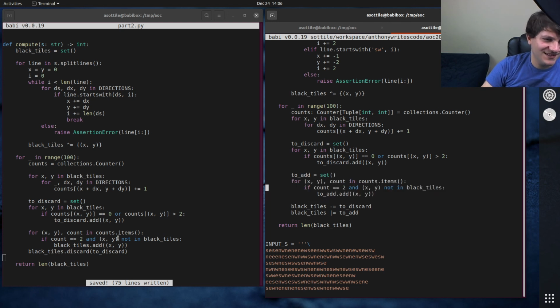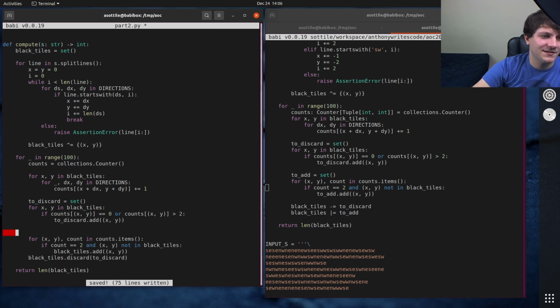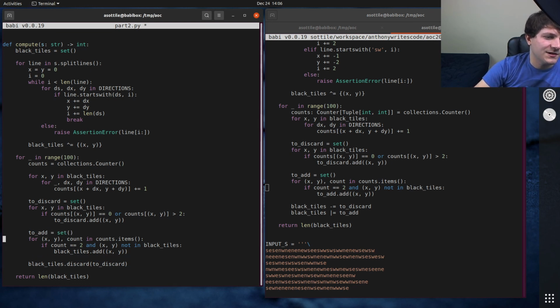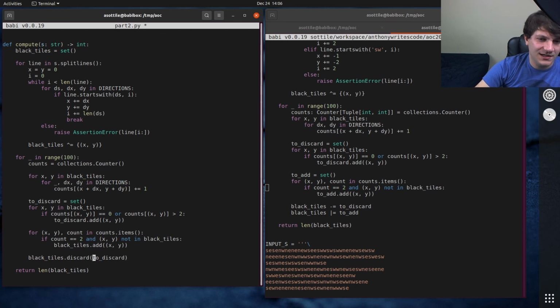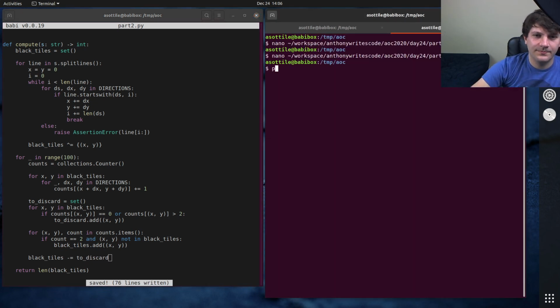This code looks basically the same. Let's try and do it exactly the same. To add equals set. Oh, discard. This should be minus equals. That's what it is. I'm surprised I didn't get a type error there. That should be the problem.